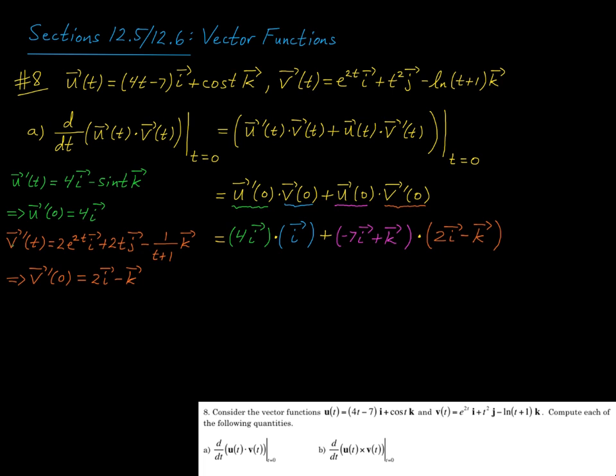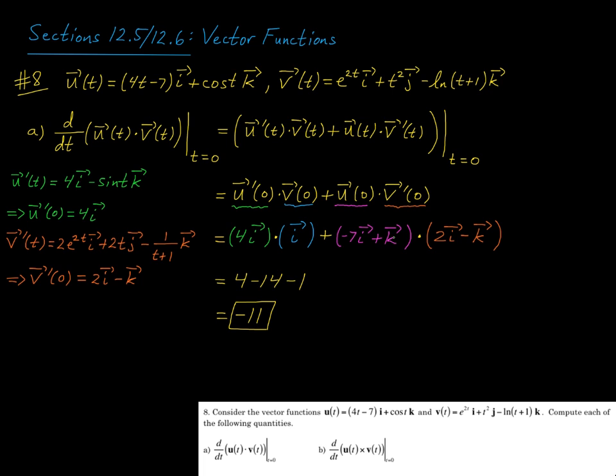v prime of 0, well, differentiating v of t off to the side, v prime of t is 2e to the 2t i, don't forget the chain rule factor, plus 2t j minus 1 over t plus 1 k. Now plugging in 0 for t, I get that v prime of 0 is 2i minus k. So I plug that in there, and now I have some pretty easy dot products to compute. 4i dotted with i, I'm just multiplying the i components, so that's just giving us a 4.